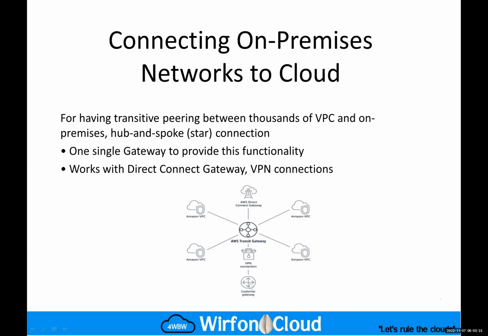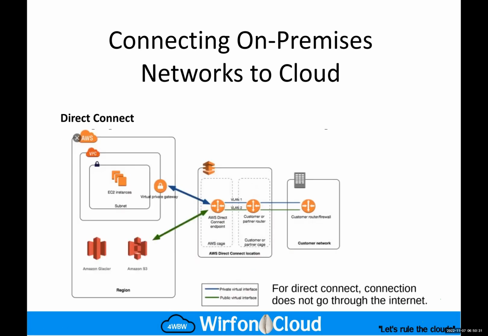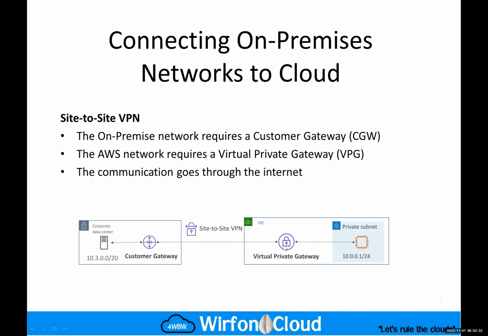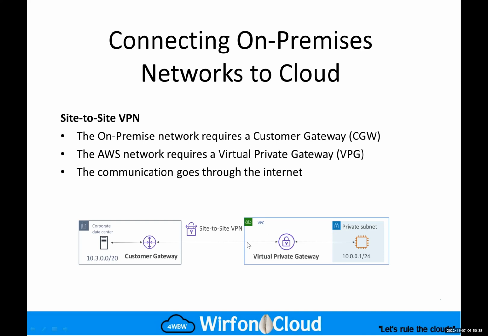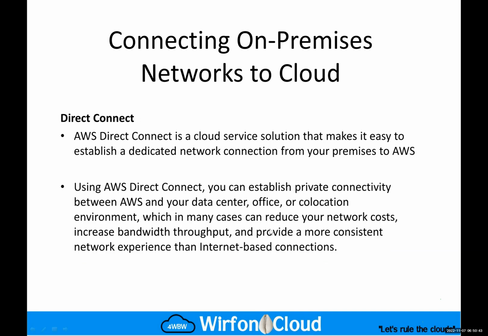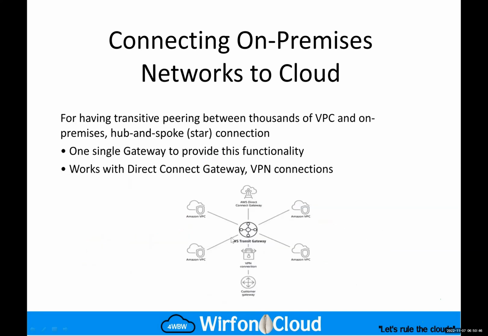You create a customer gateway, and on the VPC on the AWS side, instead of having a virtual private gateway, as in the case of the one-to-one connection here, you can replace it with the transit gateway, and it would now be able to connect with all the other VPCs. Also, you can use Direct Connect and connect directly to the transit gateway, and you'll be able to reach all the other VPCs from your on-premises data center.